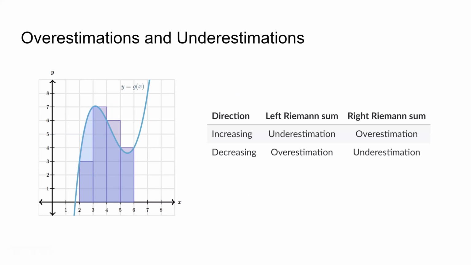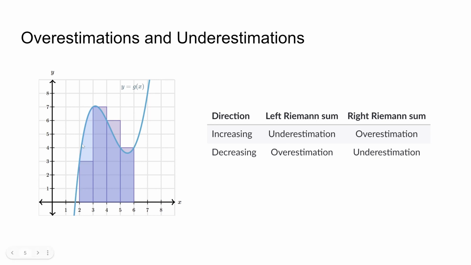Now, talking about overestimations and underestimations, we need to know when a left sum would be an underestimation and when a right sum will be an overestimation. So this is the rule for determining this. For example, in this graph, the curve starts by increasing, and this entire Riemann sum is a left Riemann sum.